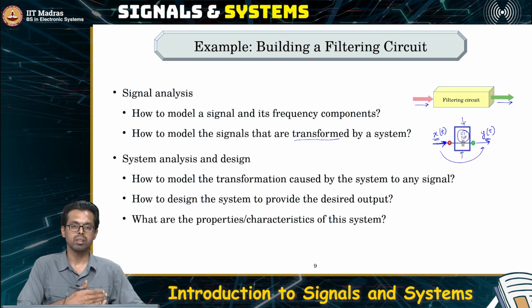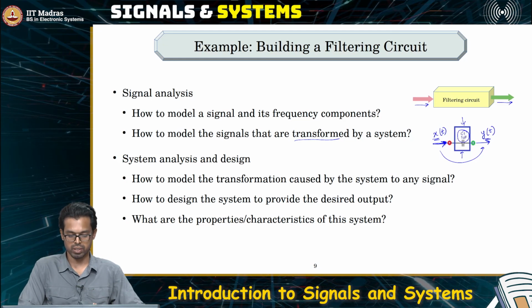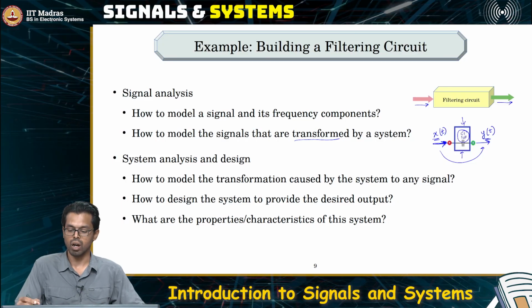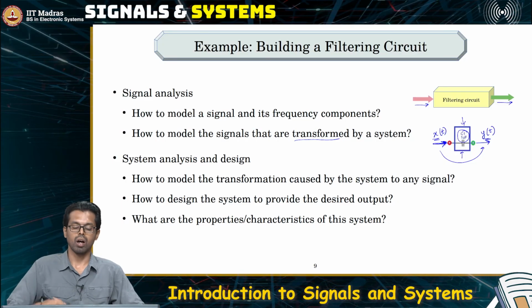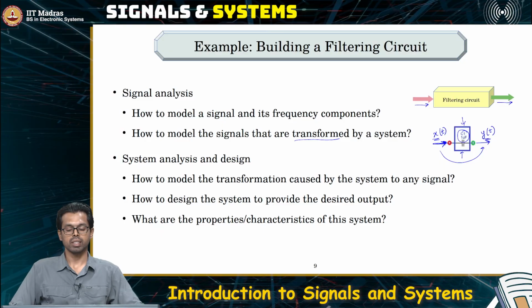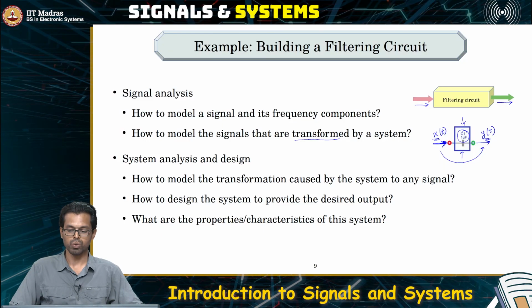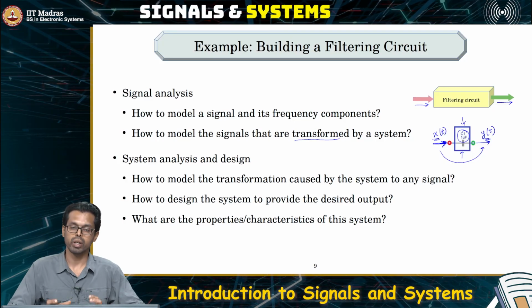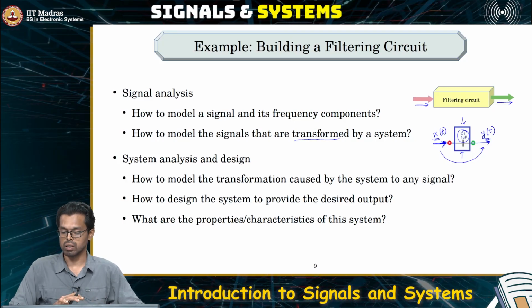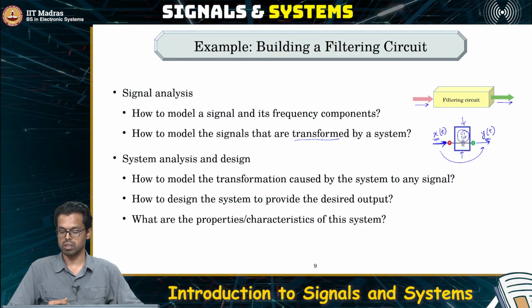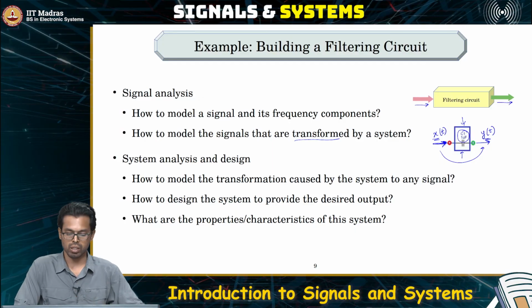So from this analysis of signals and from this analysis of systems, what we learn is how to design the system, how to know what the properties and characteristics of the system are. Once you know the properties of the system, then you know what the right property is that you're looking for, and you can tweak or design the system such that it has that property.